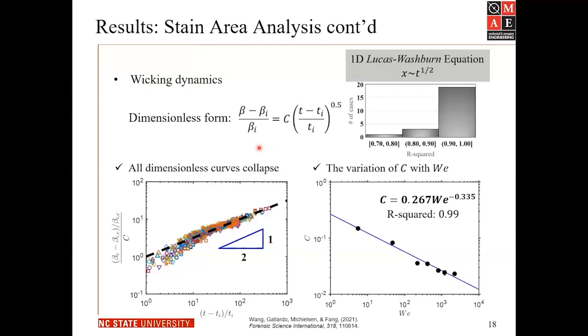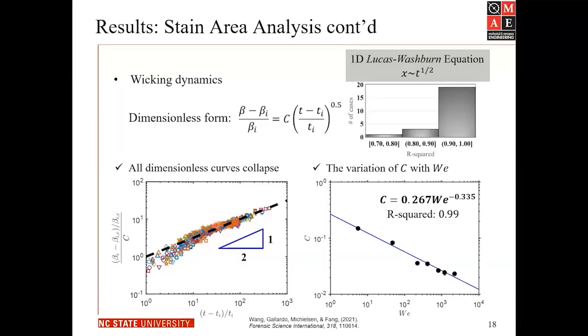And based on our data and some theoretical analysis, we propose this simple form of the wicking dynamic model. In dimensionless form, we call this model semi-empirical because we have some derivations, followed by the correlation from our experimental data.